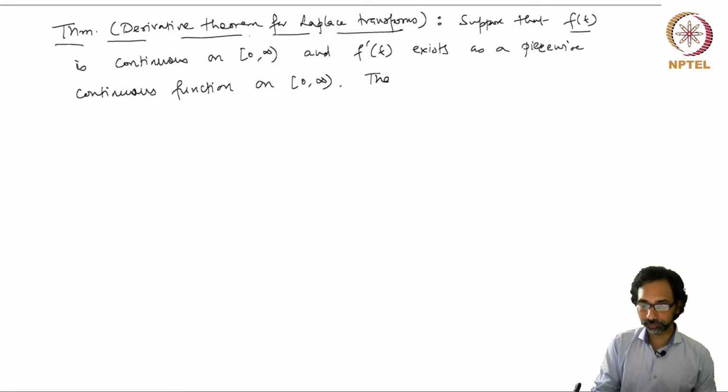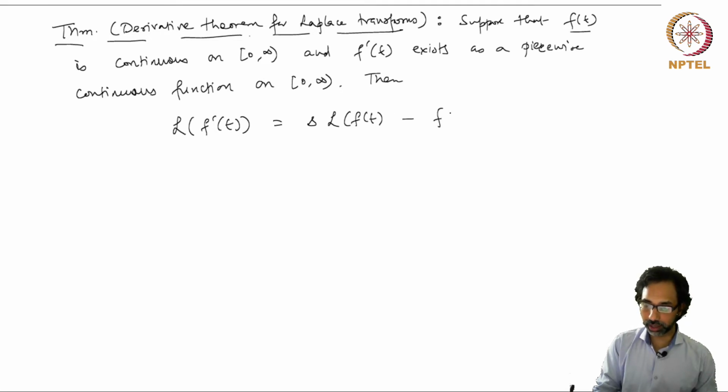Then the Laplace transform of f prime t is equal to s times the Laplace transform of f t minus f of 0.